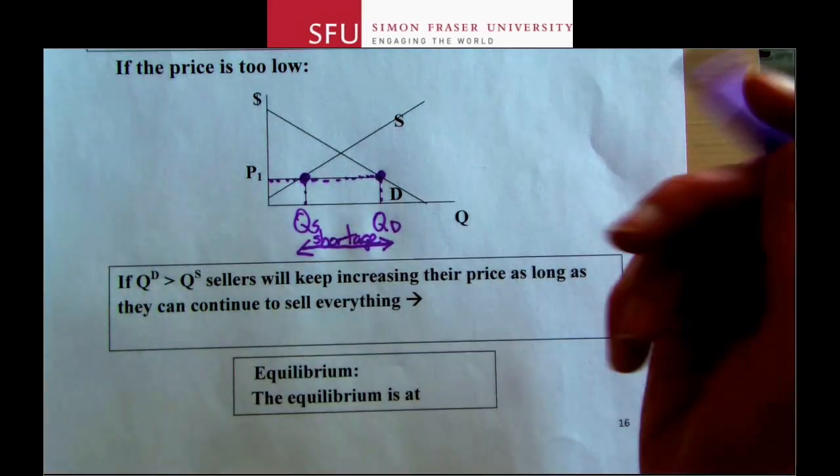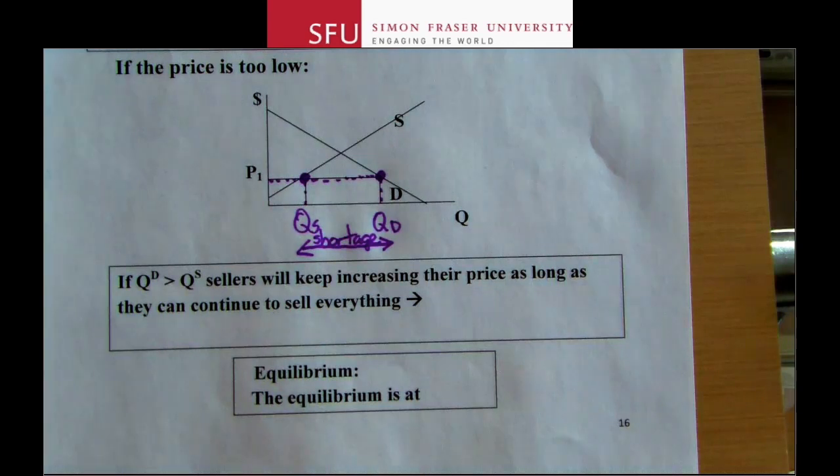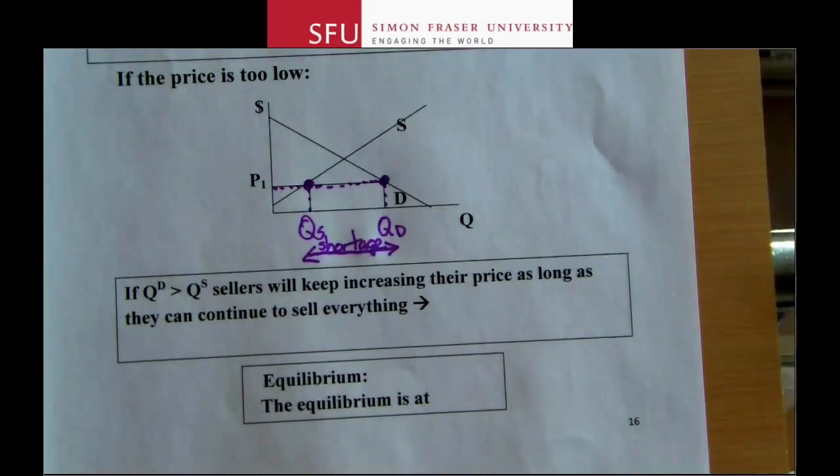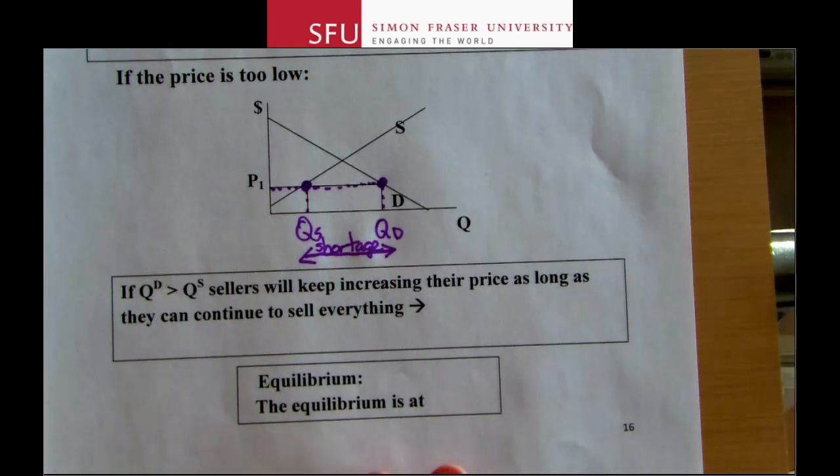Okay. So when there is a shortage, the sellers see an opportunity to increase their prices because people are lined up trying to buy the good. They know that even if they raise the prices, they will still be able to sell everything that they have for sale.